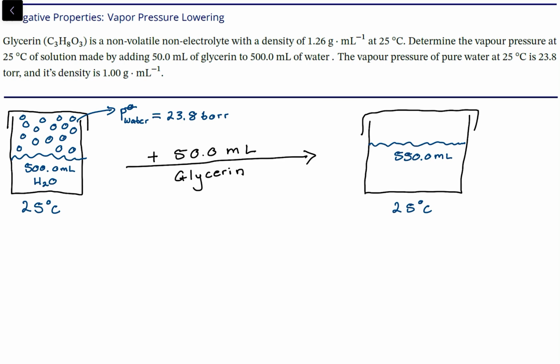But the important part is you now have water plus glycerin here at the bottom. And glycerin is not volatile, it's a non-electrolyte, so it's only going to be dissolved in the water. It's just floating around in the water. But the important thing is glycerin is going to have some effect here on the vapor pressure of water.